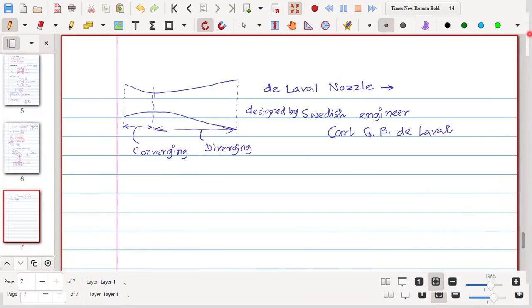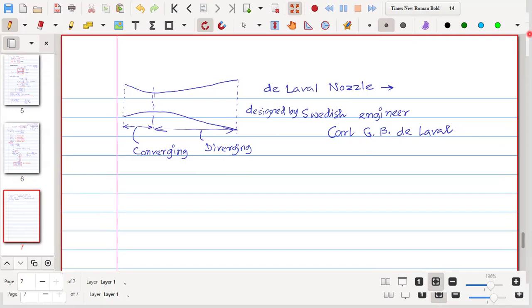Okay, next we will try to see the variation of the velocity with the flow area. This derivation, or this kind of analysis, is for any variation of area, irrespective of the type of variation.